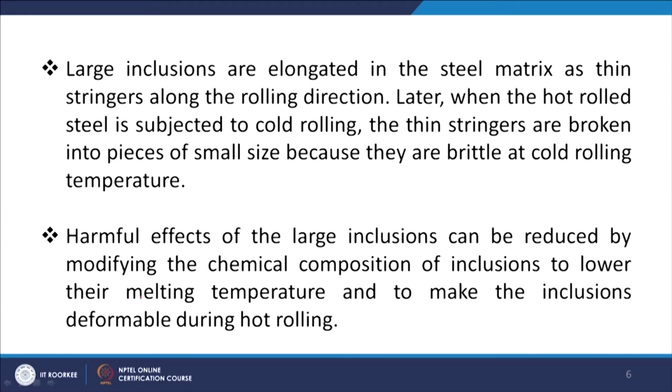If the rolls are moving, the upper roll like this and the lower roll in that way, it will take the strip in the forward direction, and your larger inclusions will be flattened and elongated in the rolling direction.